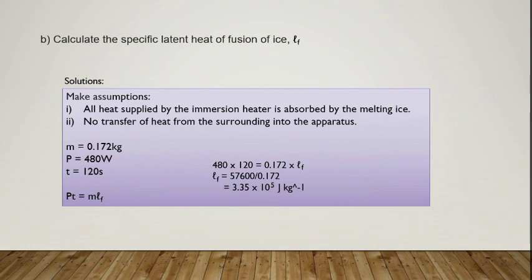Pt equals mass multiplied by latent heat. 480 multiplied by 120 equals 0.172 multiplied by latent heat. Latent heat equals 57,600 over 0.172, which equals 3.35 multiplied by 10^5 J kg^-1.